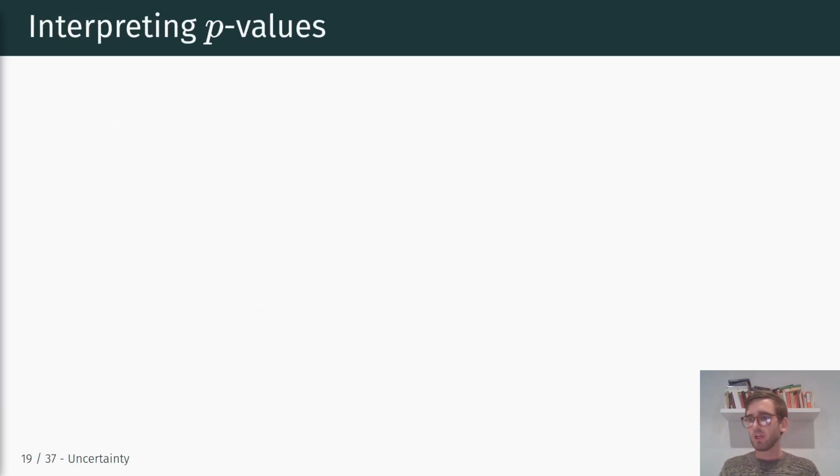Okay. So this brings us directly to the main key point that is incredibly important and incredibly error prone, even among people who spend years, or social scientists who spend years studying or using statistics, which is correctly interpreting p-values.